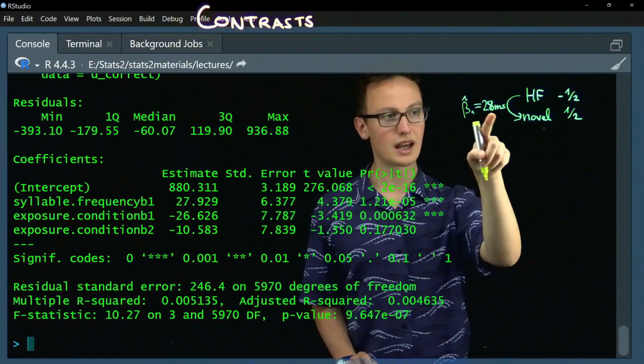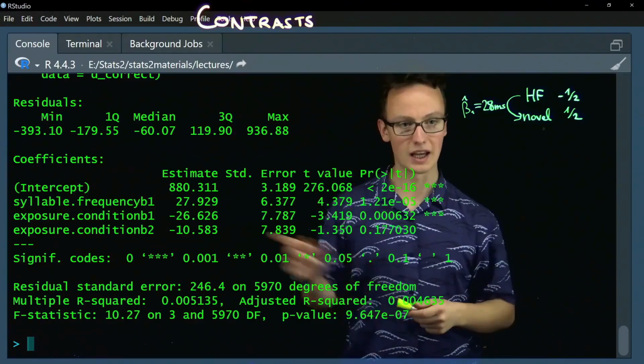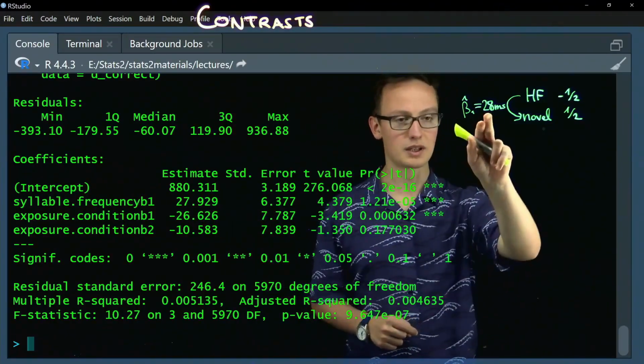So there's a 28 millisecond estimated effect magnitude in this regard. 28 because, well, 27.9, you round it, you get 28.